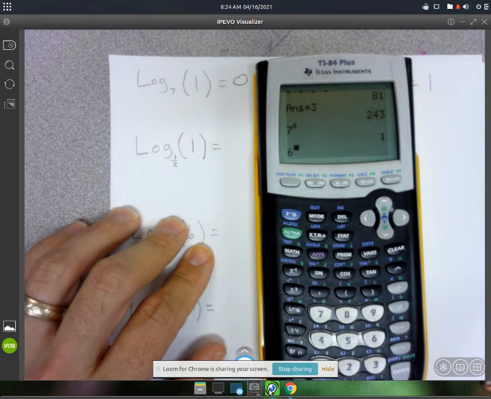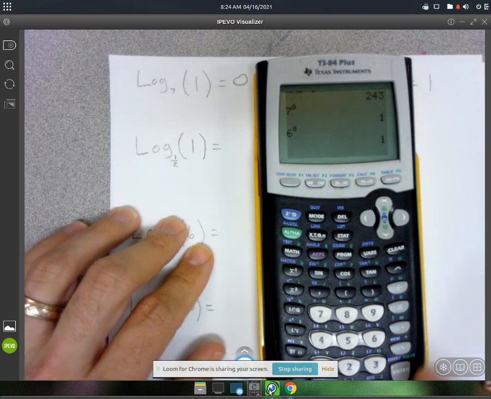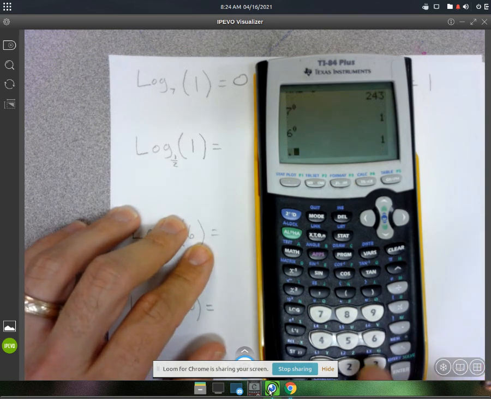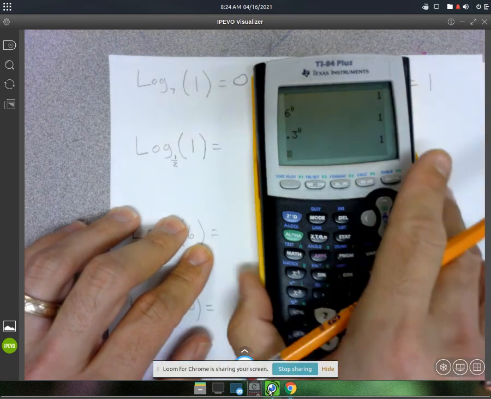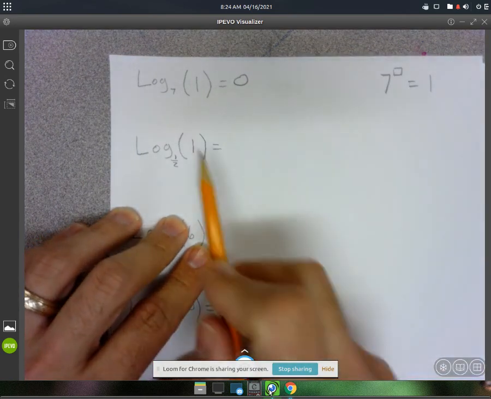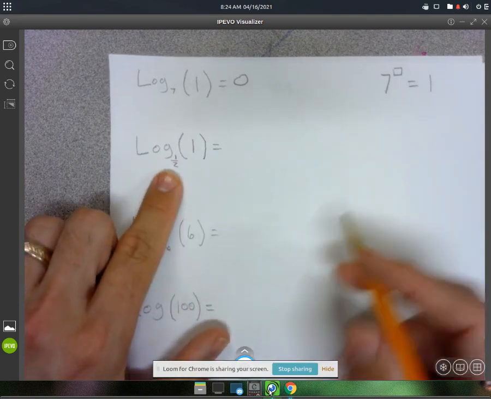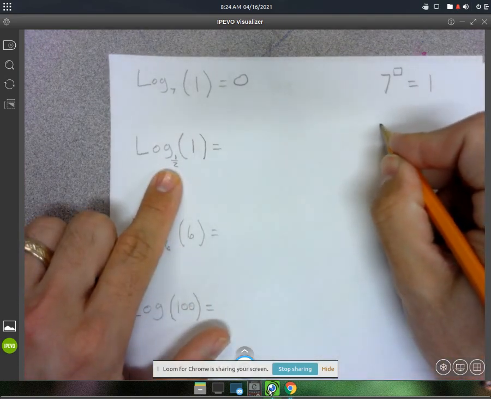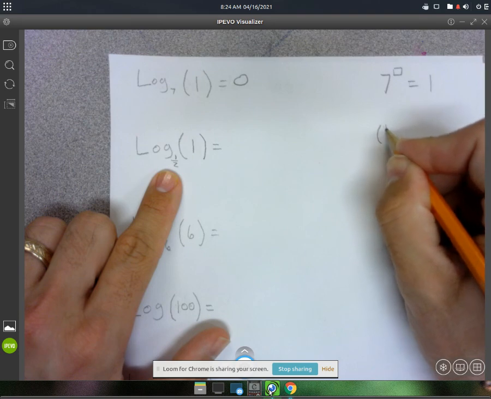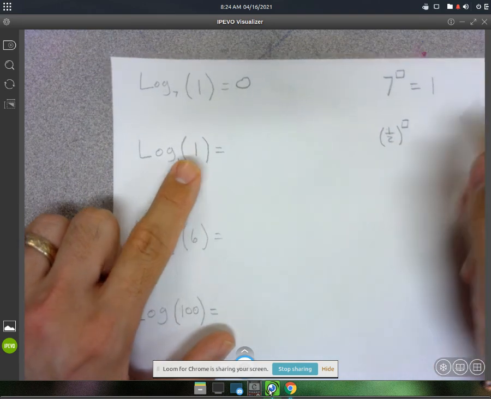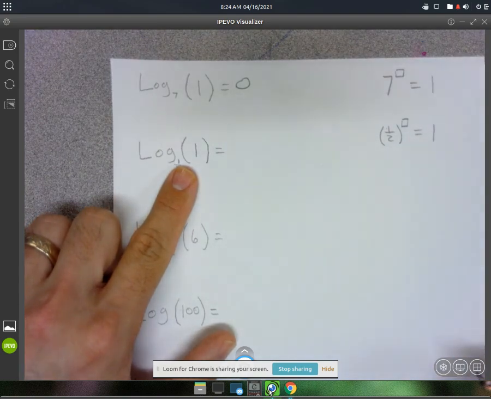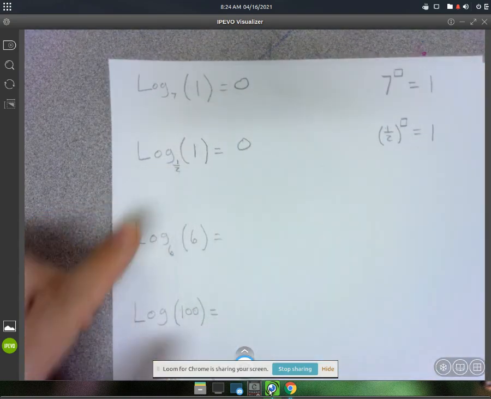So if I look at 6 to the 0, that's equal to 1. Even decimals, like 0.3 raised to the 0 power, that's equal to 1. The same thing's going to happen here. I've got 1/2 as my base, so I'm looking at 1/2 to what power will end up equaling 1. And that's going to be a 0.